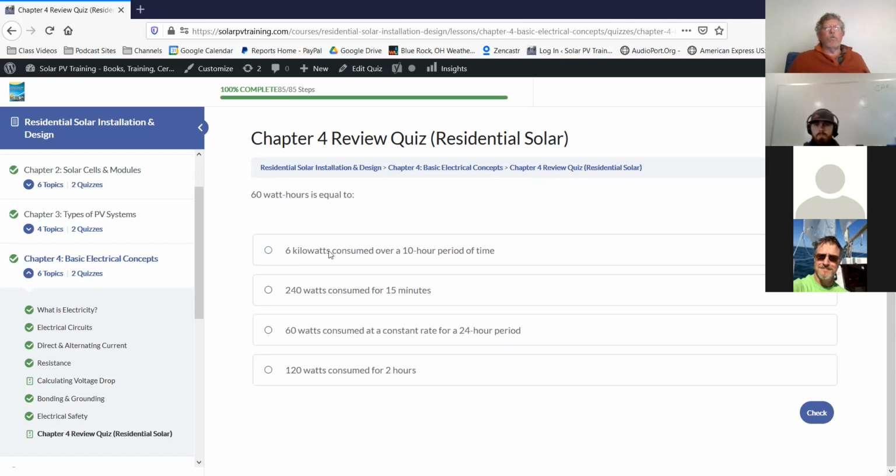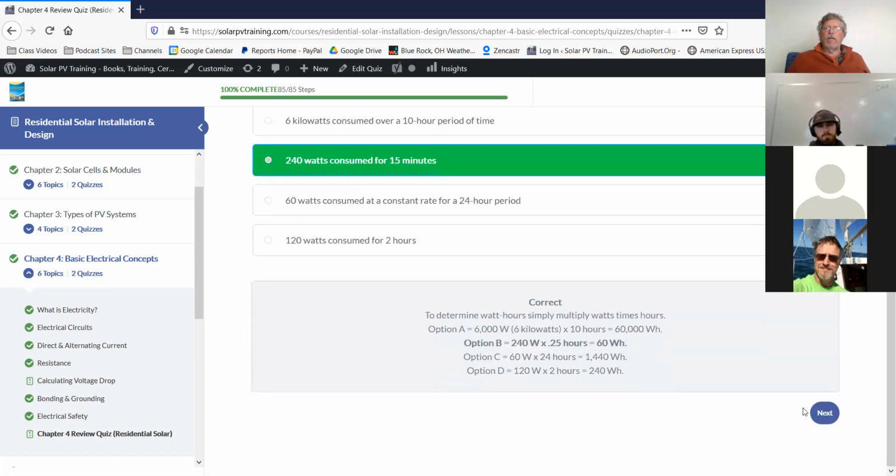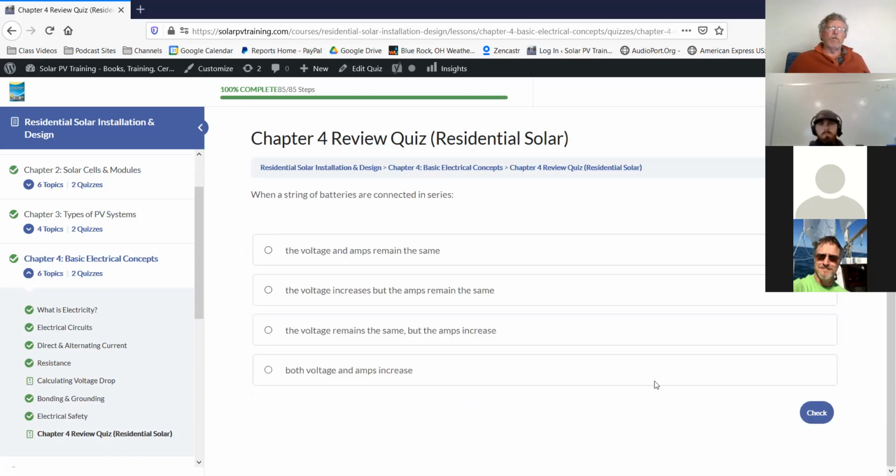So 6,000 watts times 10 hours would be 60,000 watt hours. 240 watts consumed for 15 minutes is 0.25 hours, so 240 times 0.25 is 60 watt hours. 60 watts consumed for 24 hours is 1,440 watt hours. And 120 for 2 hours is 240 watt hours. So really just think of watt hours as watts times hours. It's a measurement of energy as opposed to a measurement of power.